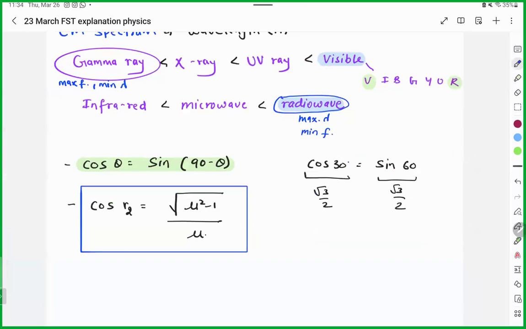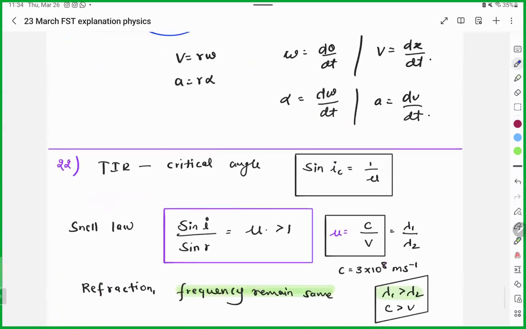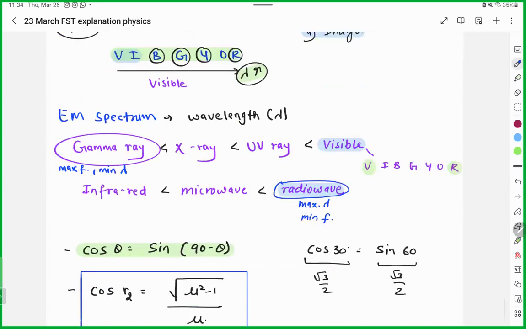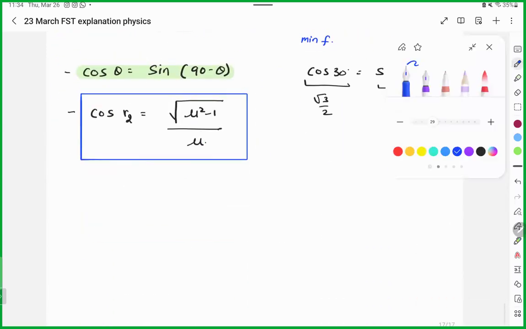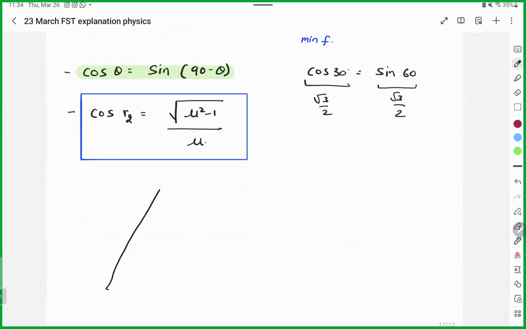You will have the habit to do this. And the third formula we already did. In case of a prism, if you take this prism, this is normal, this is also normal.